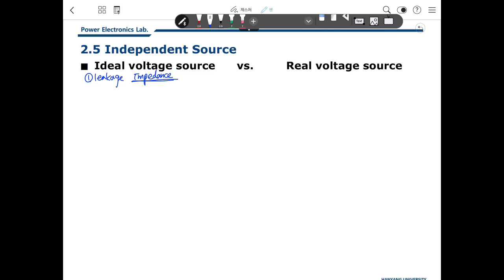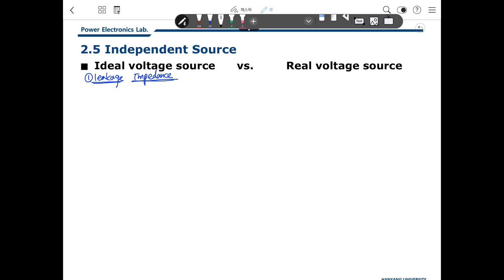But anyway, for this time, we think of the impedance as a kind of resistor. Leakage means, in Korean, 기생성분, a parasitic component. It is not considered in the ideal normal model, but in some cases the leakage is placed in the real voltage source.